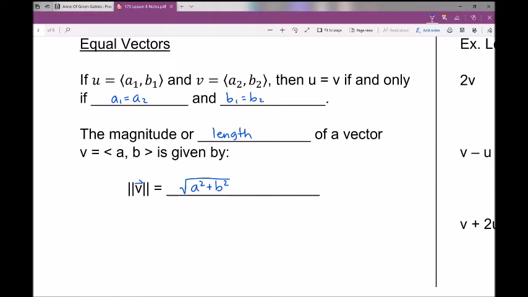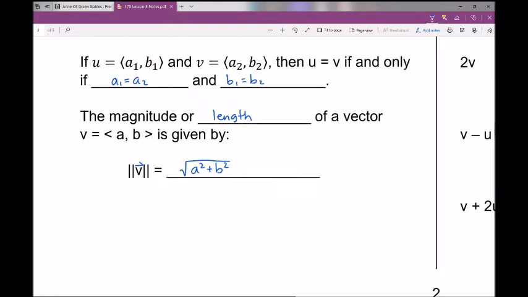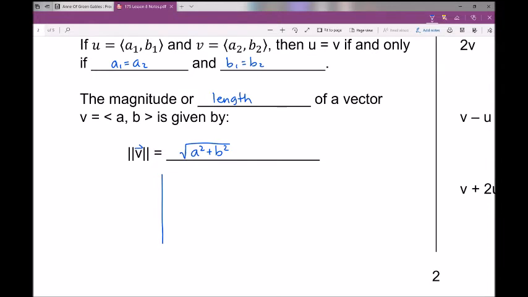It is very similar to the magnitude of a complex number because we're still talking about that distance from 0. So if you wanted that geometric explanation again, you could think about a random vector, AB, okay? And you know that it's B units from the x-axis and A units along the x-axis.